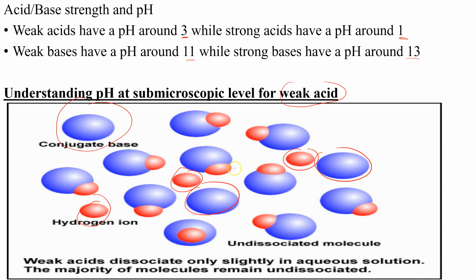So 3 out of all of these broke apart. The rest stayed together. Unless it's complete dissociation, you are a weak acid. If it is completely dissociated, it's strong; anything below that is considered weak. So anytime you have any molecules together inside the solution, you know you have a weak acid. That's the characteristic you're looking for. Anytime you have a compound, you are considered a weak acid, even if it's just one compound. So be aware of that.